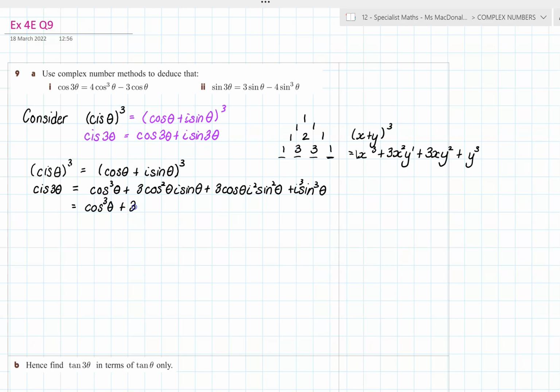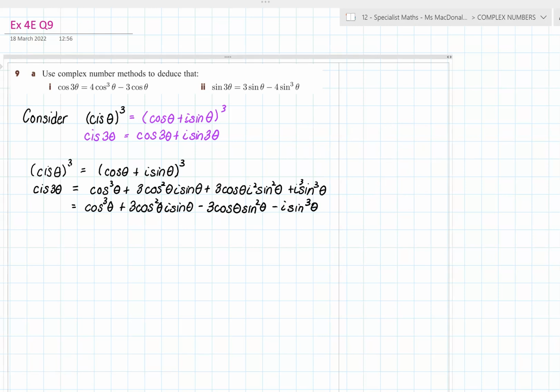Can't do much with this one either, so that just stays as 3 cos²θ i sin θ. Now, this next term, i squared is minus 1, so it becomes minus 3 cos θ sin²θ. And the last term, i cubed is i squared times i, and i squared is minus 1, so it becomes minus i sin³θ.